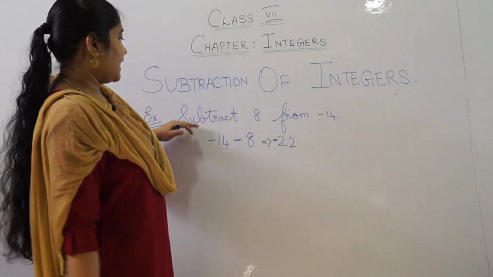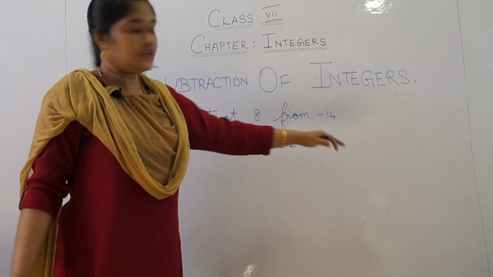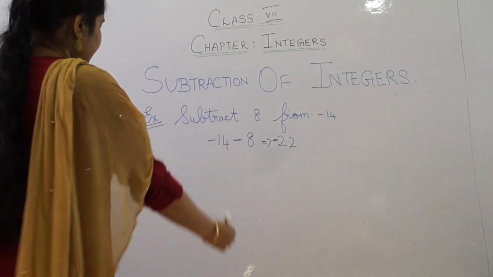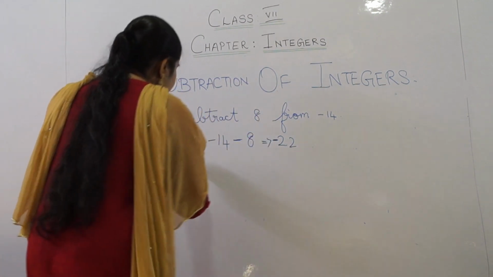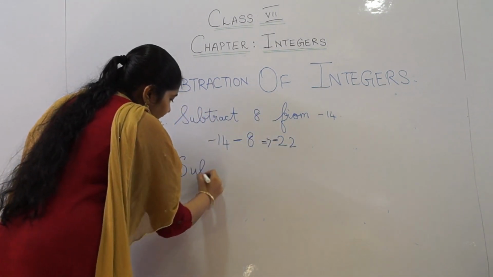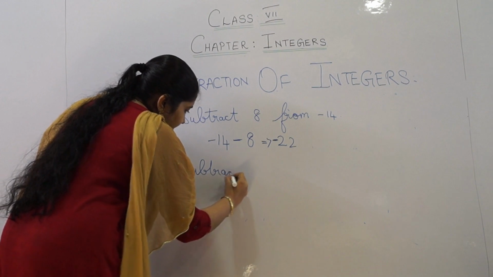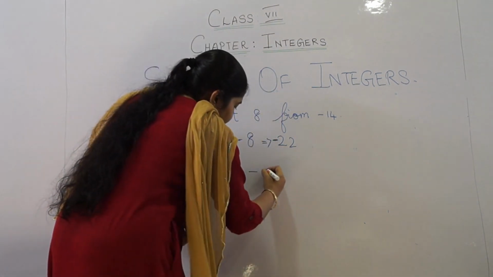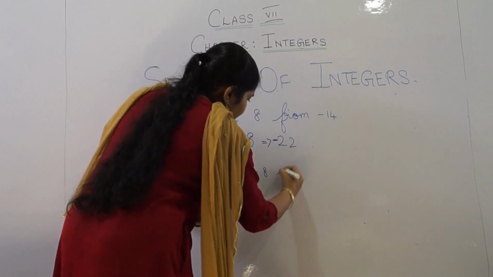So when we subtract 8 from minus 14, the answer is minus 22. So similarly, another example that we can see is subtract minus 8 from 14.